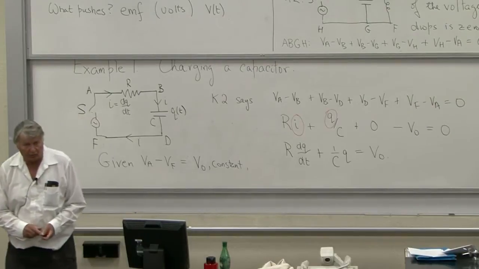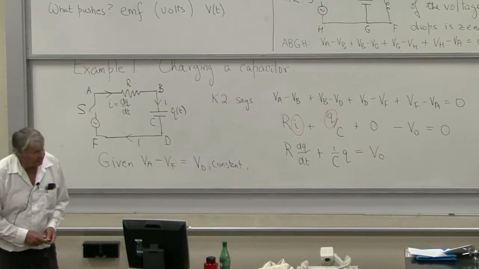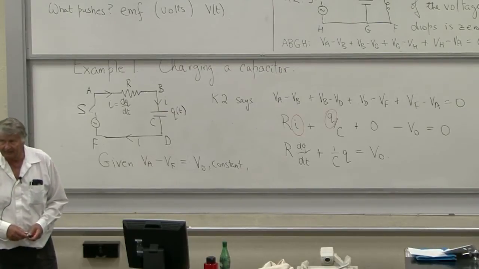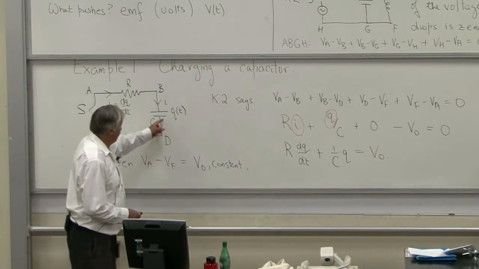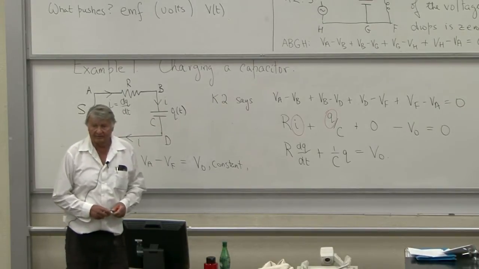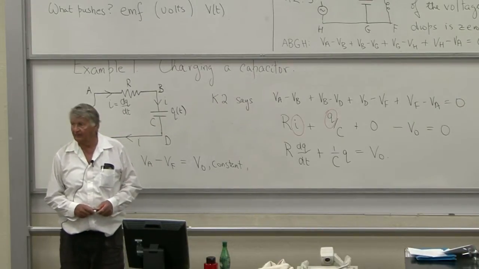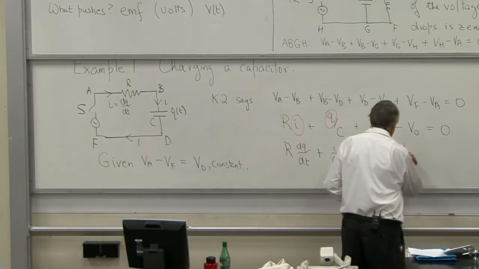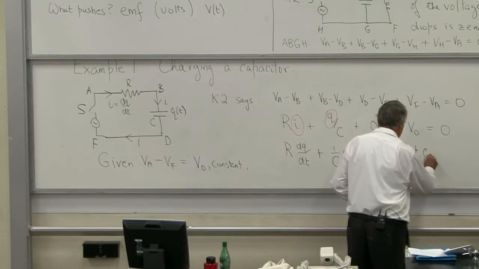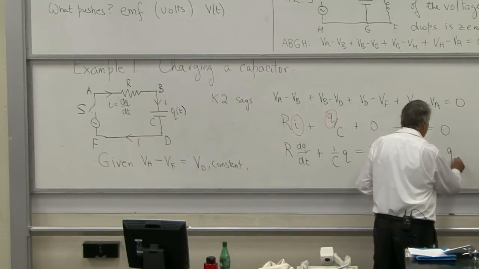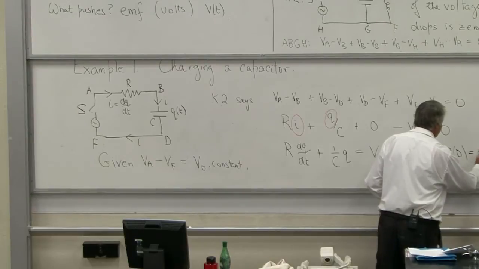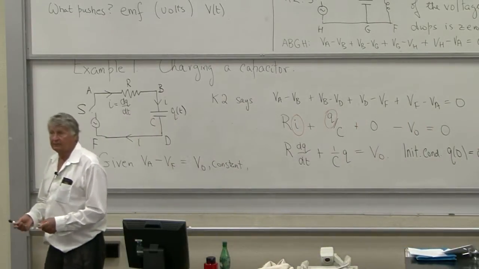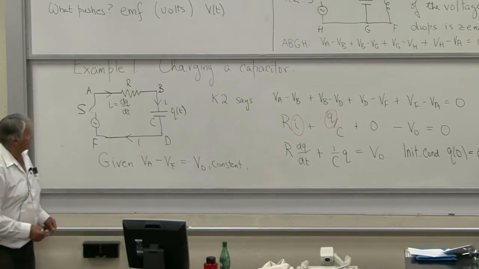A first order, constant coefficient, ordinary differential equation describes how we charge up this capacitor. Let's take the initial condition here, that Q of 0 is 0. In other words, originally it was dead. The capacitor had no charges built up on it.